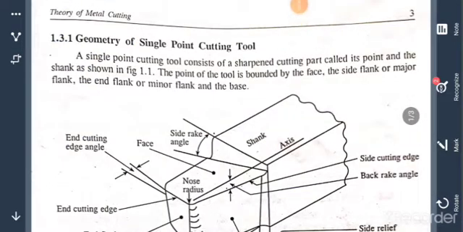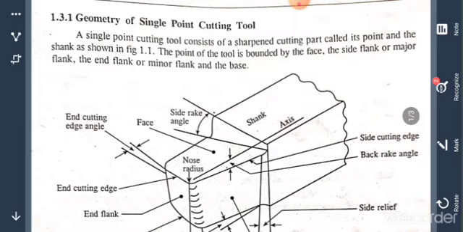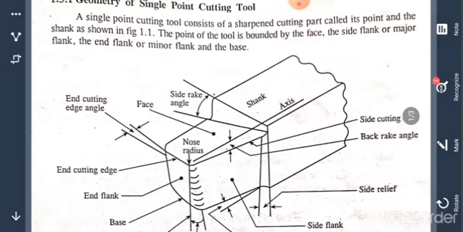Now we will discuss a very important question from the exam point of view. Several times it has been repeated: the geometry of a single point cutting tool. So we'll discuss what the geometry of a single point cutting tool is.